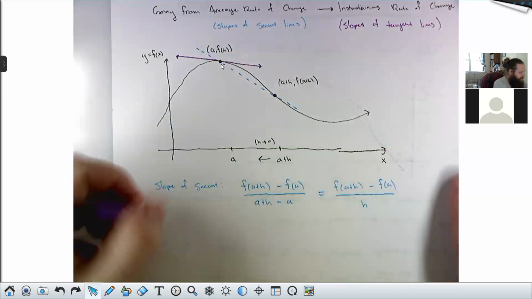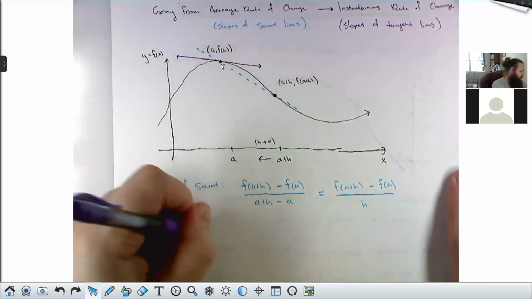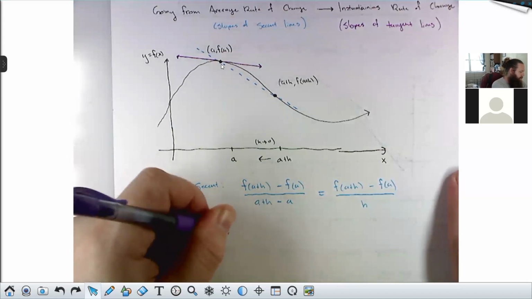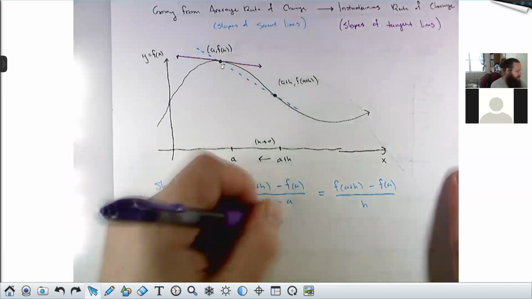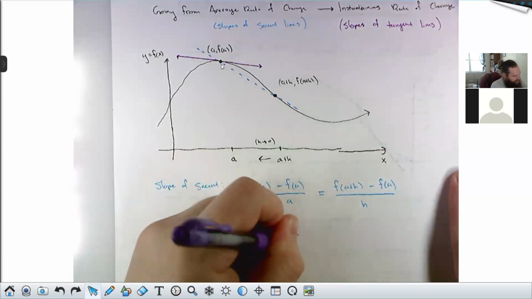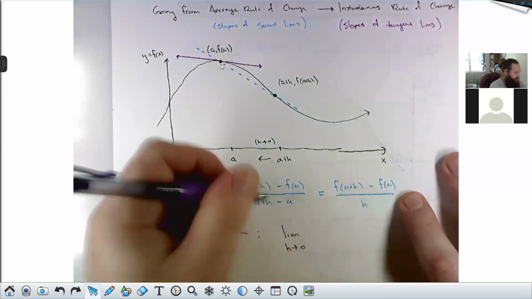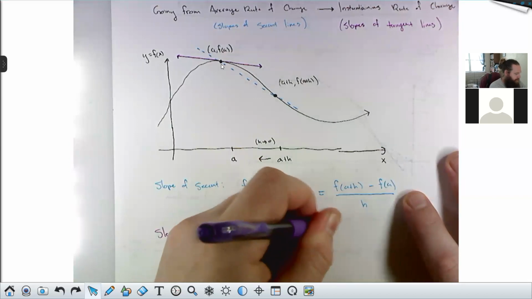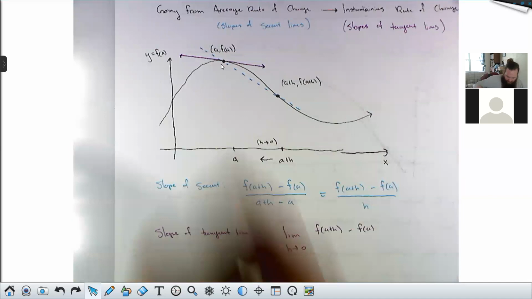Which means the slope of the tangent line, I should say, is the limit as h goes to 0 of this: f of a plus h minus f of a, divided by h.